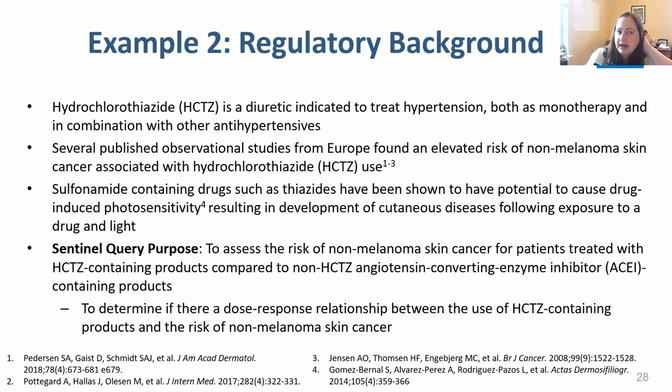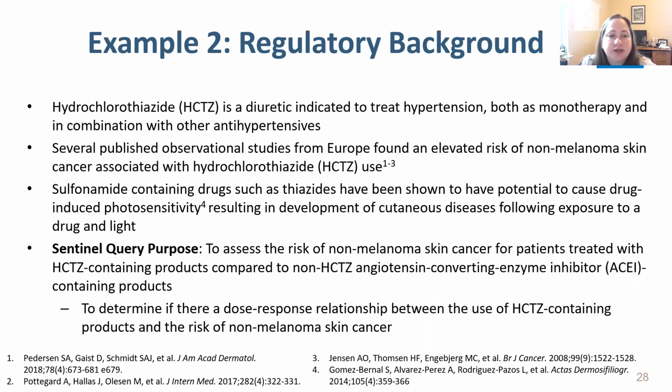In terms of the mechanism of action, thiazides have been shown to have potential drug-induced photosensitivity, which can result in developing cutaneous diseases if you have exposure to both the drug and light. So the Sentinel team was asked to assess the risk of non-melanoma skin cancer for patients treated with hydrochlorothiazide and all related products.